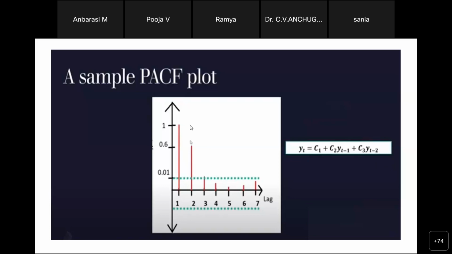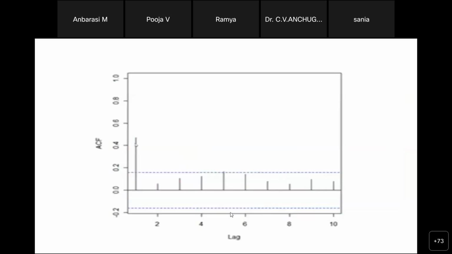So generally PACF is used to measure the direct effect of the previous time lags on the current value. For the current value, based on the previous time lags only it is going to be calculated. Generally this PACF is used for the autoregression model, but ACF we use for the moving average model.